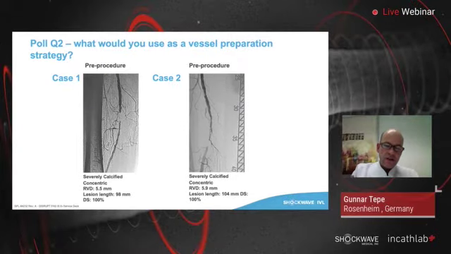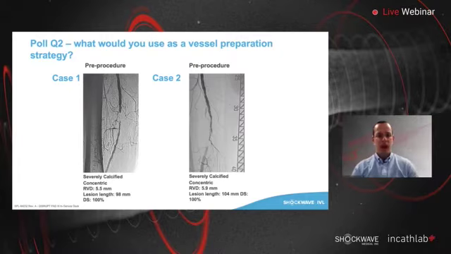First of all, it's very often an issue to cross the lesion and re-enter if it's calcified, and then to treat those lesions. I think it's very difficult to predict how those lesions behave in the days of PTA only and vessel prep. So the question really is for everybody: how would you deal with those kinds of cases, case 1 and 2? Totally calcified, not very long.